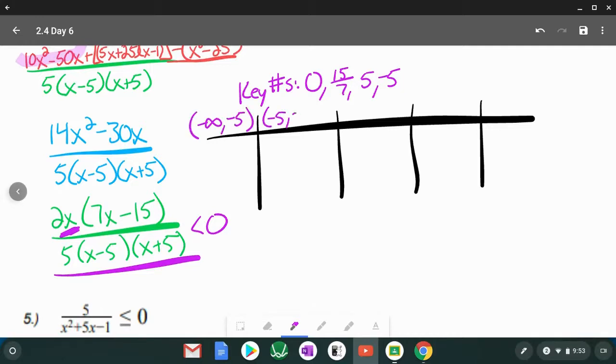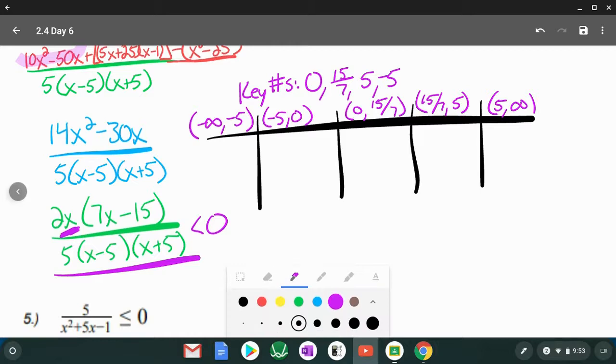Negative 5 to 0. And then 0 to 15 over 7, because that is roughly 2 point something. And then 15 over 7 to 5. And then 5 to infinity.